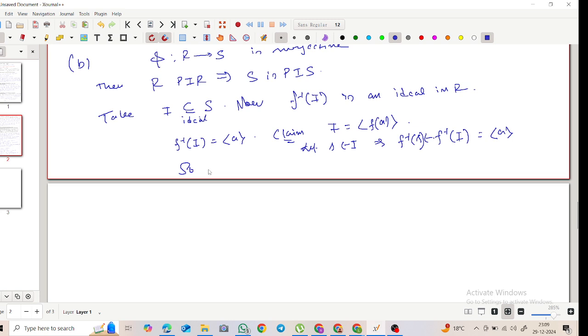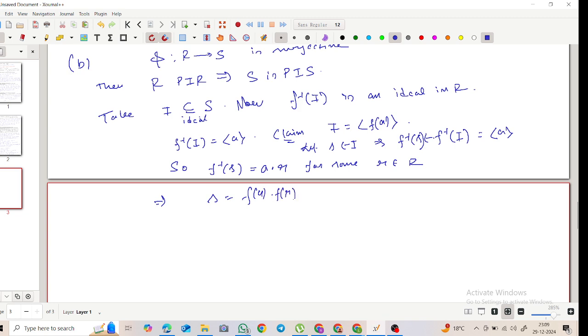So f inverse s is of the form a times r for some r belongs to R, now s equals f(a) times f(r), which is in I. Okay, so basically you have shown that any element is a multiple of f(a), right? Which implies I equals f(a). Okay.